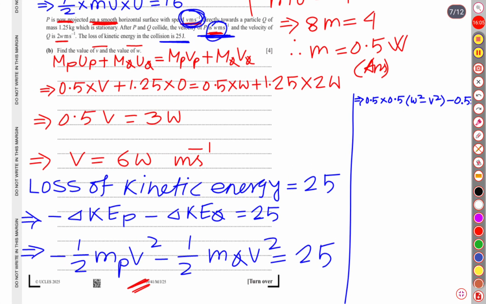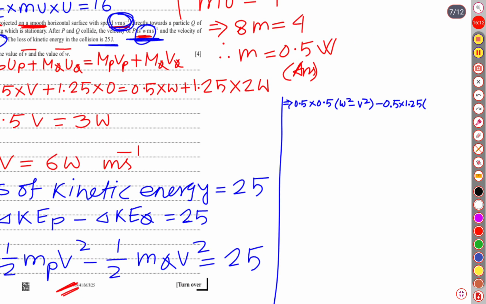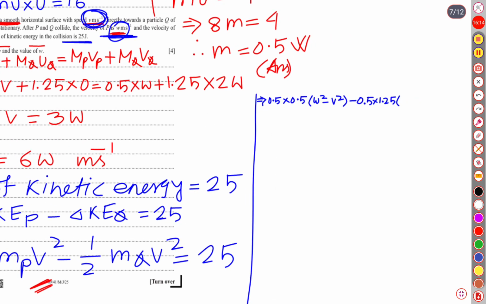The final velocity of q was 2w. It is given as 2w. So we will write 2w square. 2w square means 4w square minus initial velocity. Initial velocity of q was actually 0.